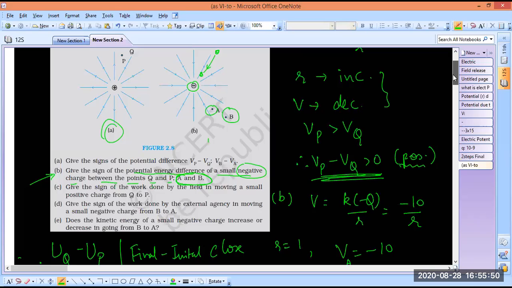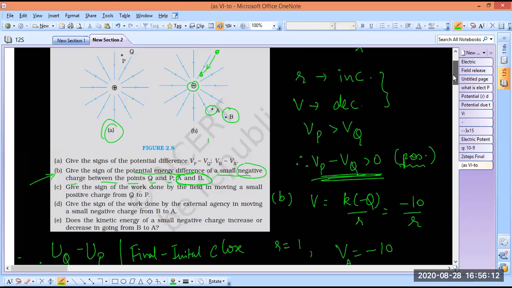Correct. UB minus UA is negative and UA minus UB is positive. Very good.